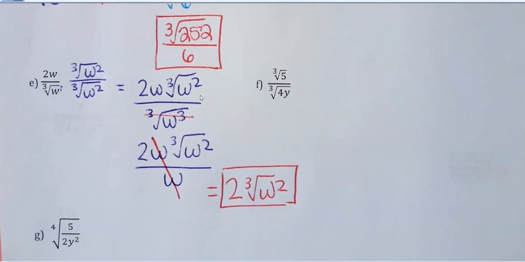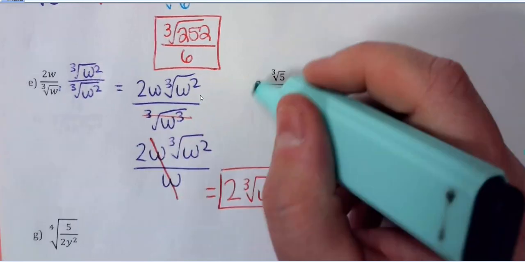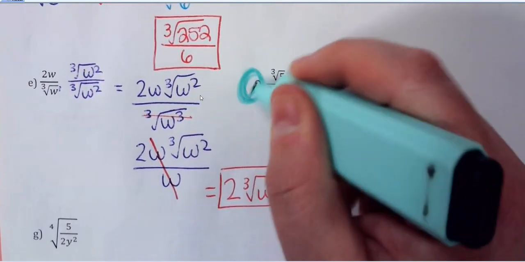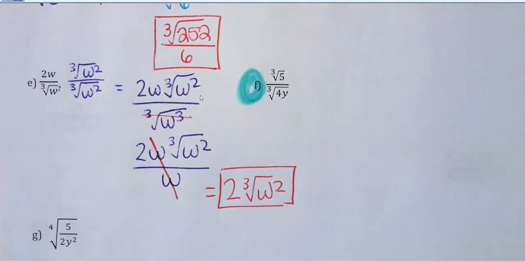Okay, now, this next question, I'm going to try and save you some time. And so I'm just going to kind of circle this really quickly. Okay, now, this is a cube root, right? And I'm just trying to save you some time simplifying.